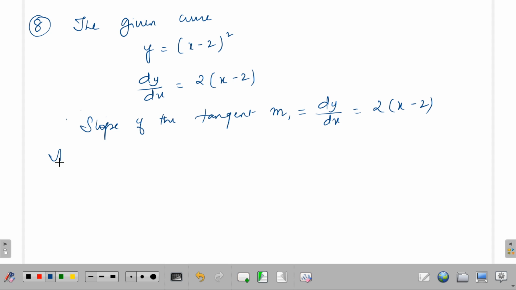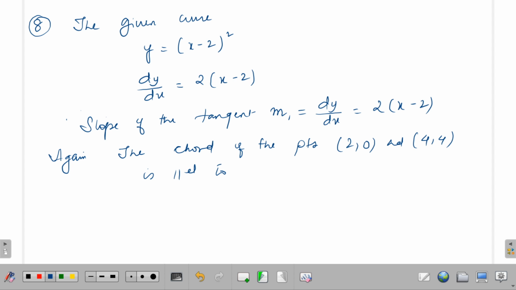Okay, so again, it's given that the chord of the points, nothing more than the points given to be 2 comma 0 and 4 comma 4, is parallel to the tangent, right?